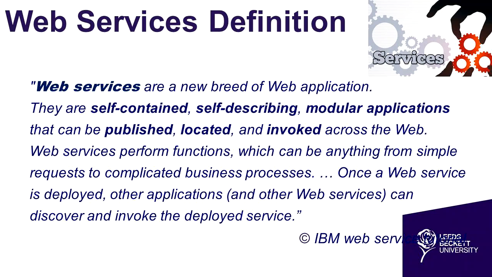Look for words like self-contained, which means they're independent and have everything within them to provide the service, and also that they are remotely executed. Also look at words like self-describing, modular, and so on. I would like you to make some notes on what these things mean.